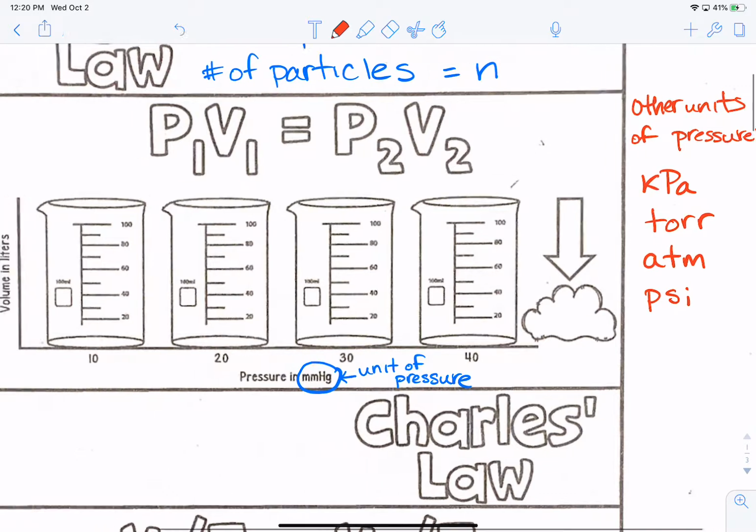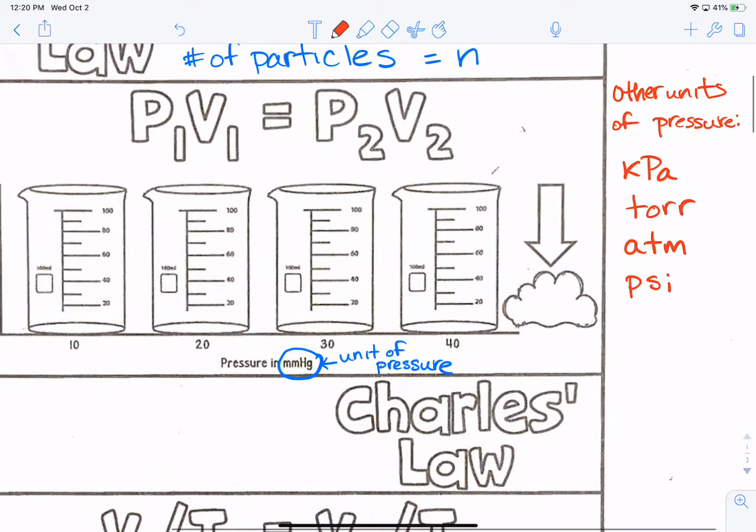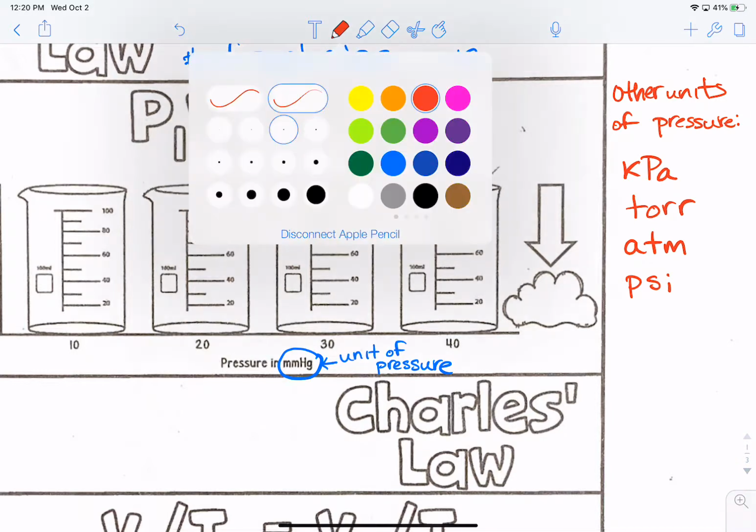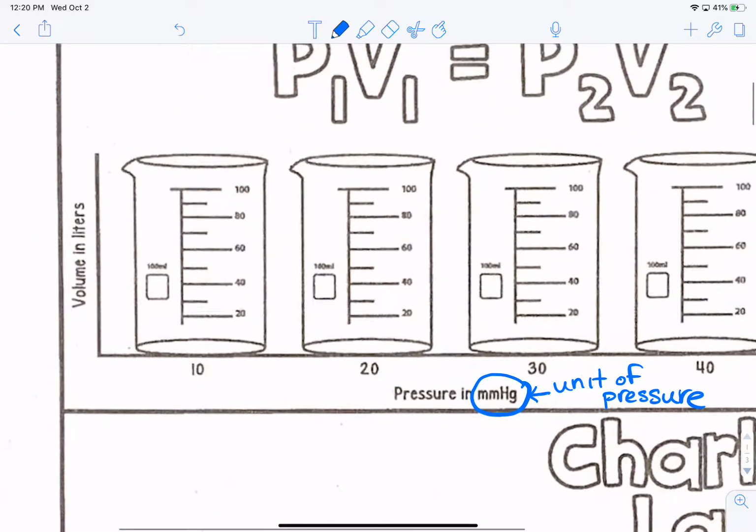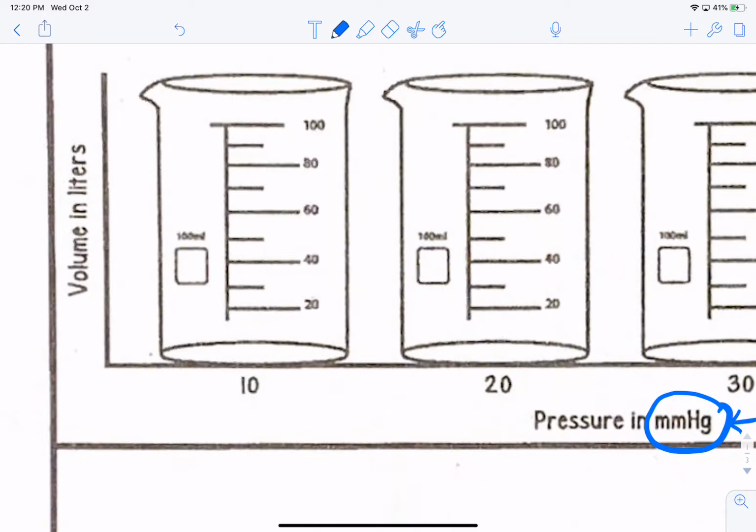So let's look at this first scenario of our beaker number 1. We've got 10 millimeters mercury. We've got pressure on there.